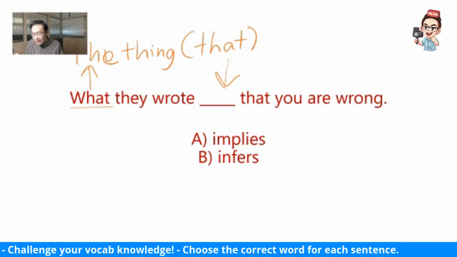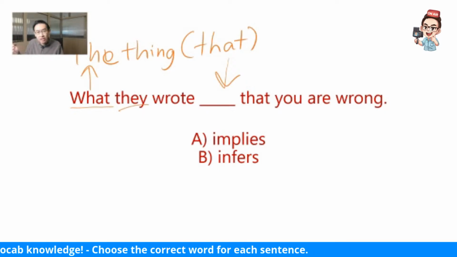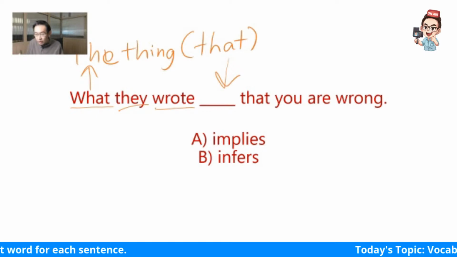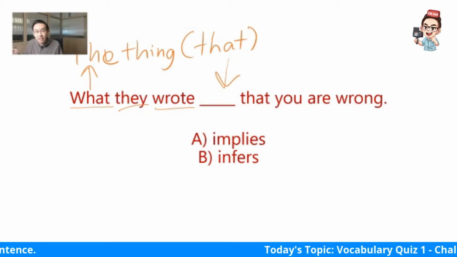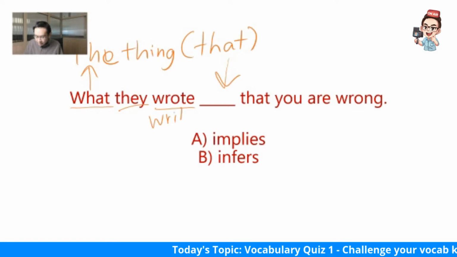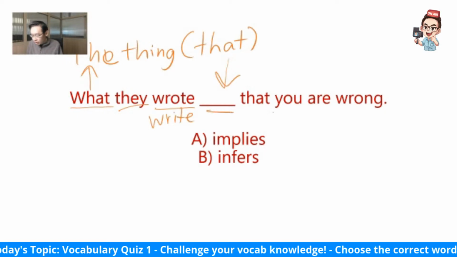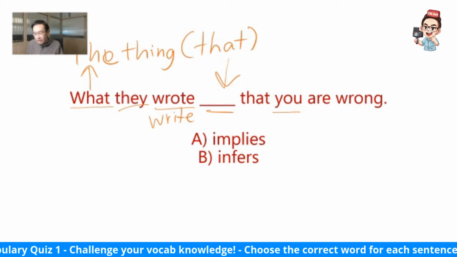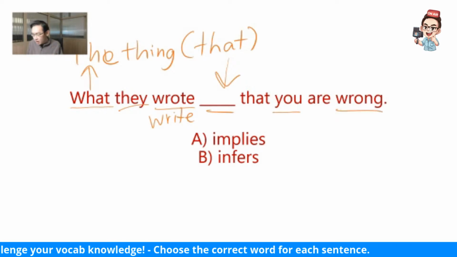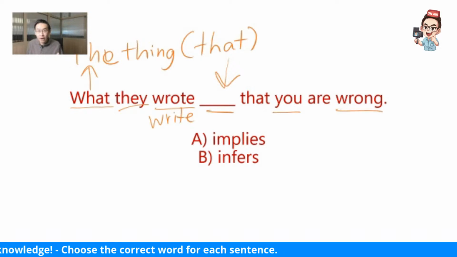The thing that they wrote, so this group of people maybe wrote, which is of course the past of write, right? Okay, comes from write, and then something that you are wrong. So you as the listener or the reader are wrong. So you're not right about maybe something, okay? That's the meaning of this sentence.